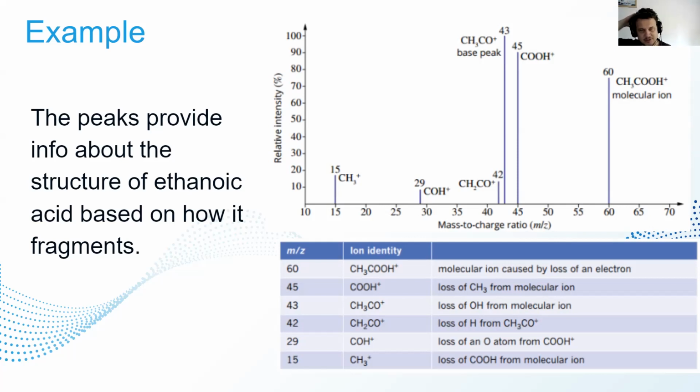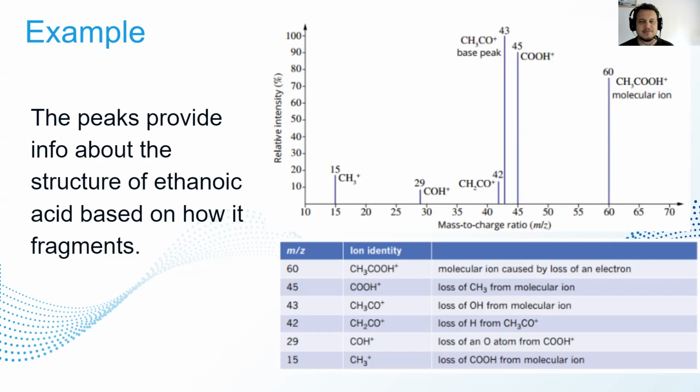So let's say we've looked at our IR spectrograph and we know it's a carboxylic acid. We go to the mass to charge ratio and go to the far right, the highest mass to charge ratio. This is probably not the way they would have taught you, but I think it's the easiest.